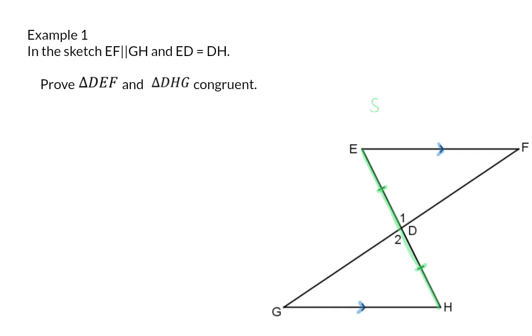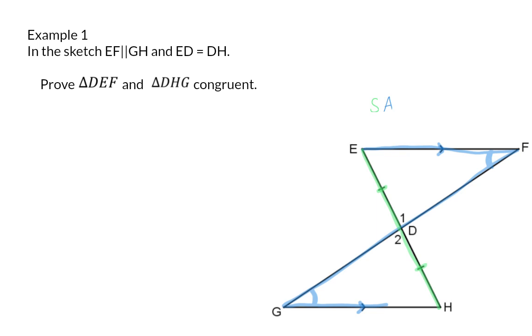Next up, you will need to make use of previous geometry knowledge. You need to see that you can make use of alternate angles to say that angle F is the same size as angle G, and now we also have a pair of angles. For the third requirement, you now have more than one option.